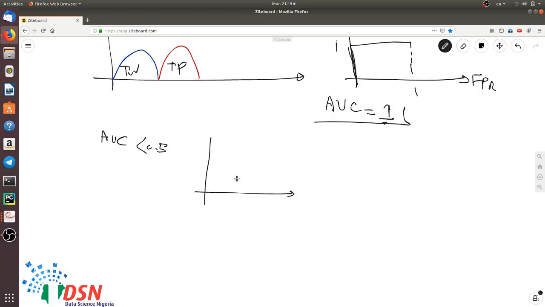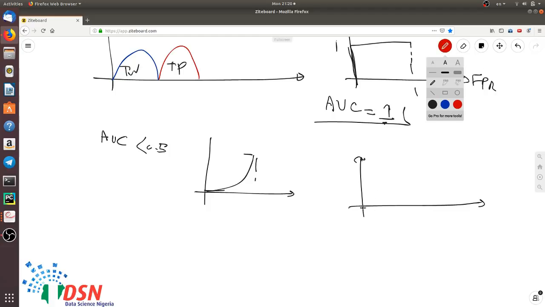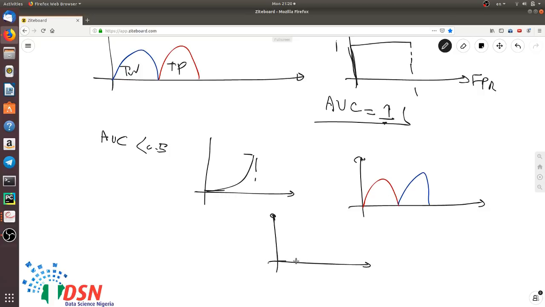In this case, it means that the model is actually reciprocating the classes. So if this is the positive class distribution and this is the negative, if we plot the ROC, we have something like this.